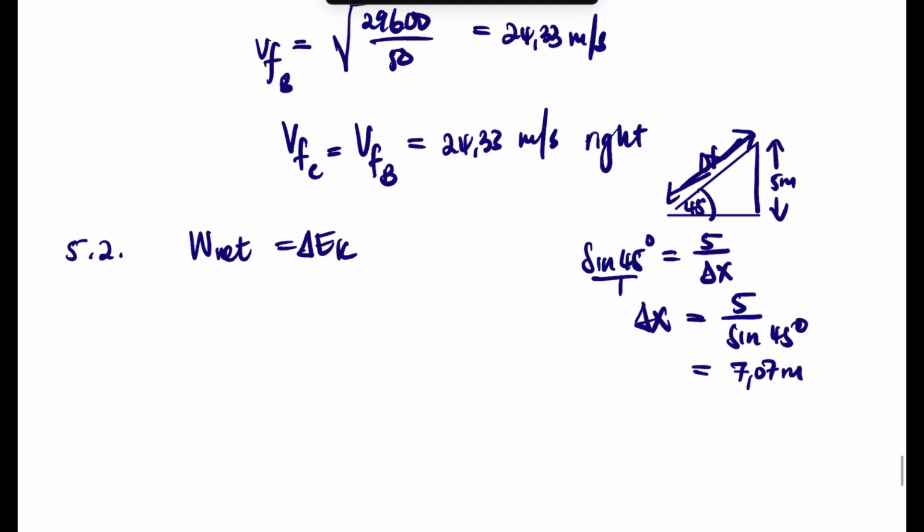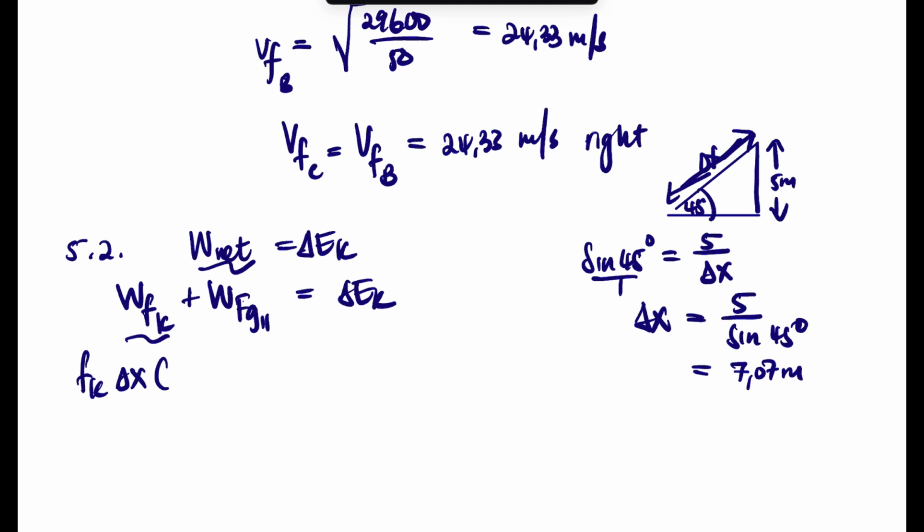So now we're doing the work net. What is the work net of the forces that are there? It's the work done by friction plus the work done by Fg parallel, equal to change in EK. The work done by friction is Fk delta x cos theta. The work done by Fg parallel is mg sine theta delta x cos theta.